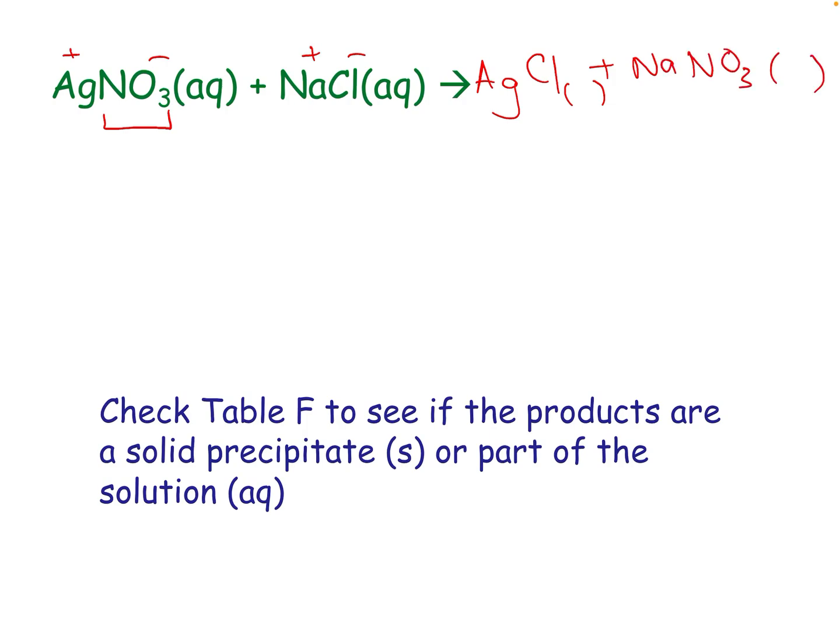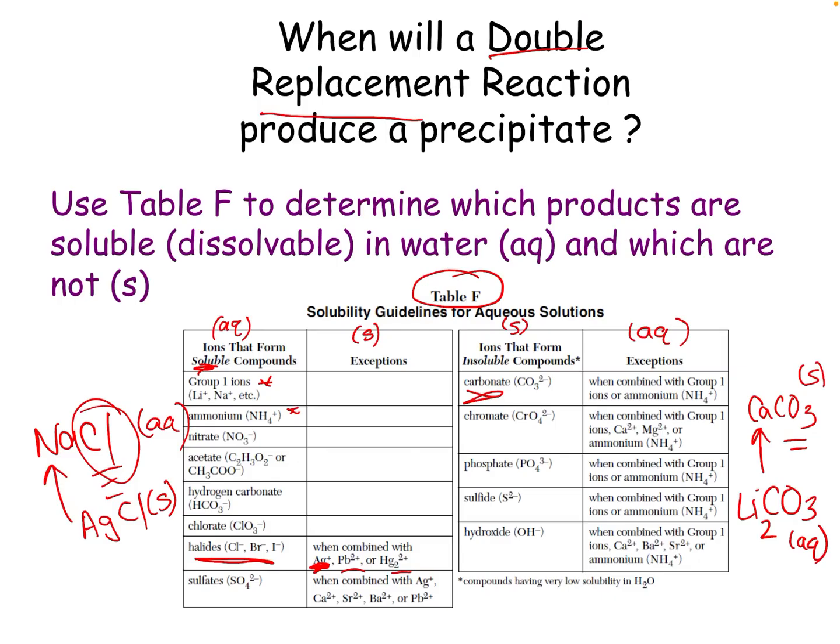Then it says check table F to see if the products are solid or part of the solution, aqueous. So I have silver chloride and sodium nitrate. So I'm going to go back. Sodium nitrate. Nitrate is here, and notice that nitrate is soluble with no exceptions, which means that will be aqueous.